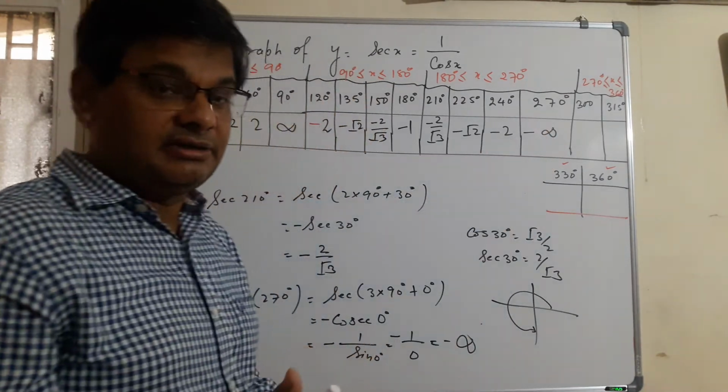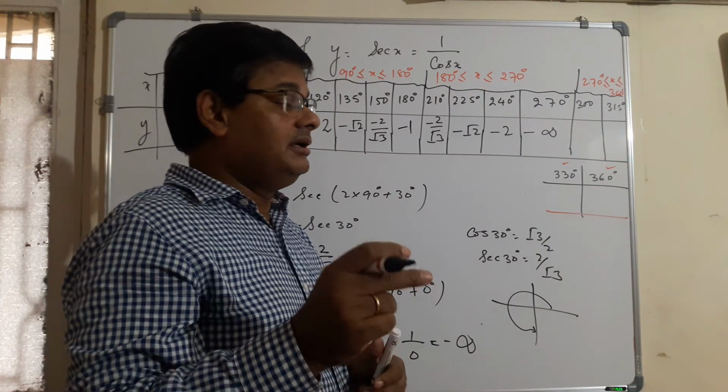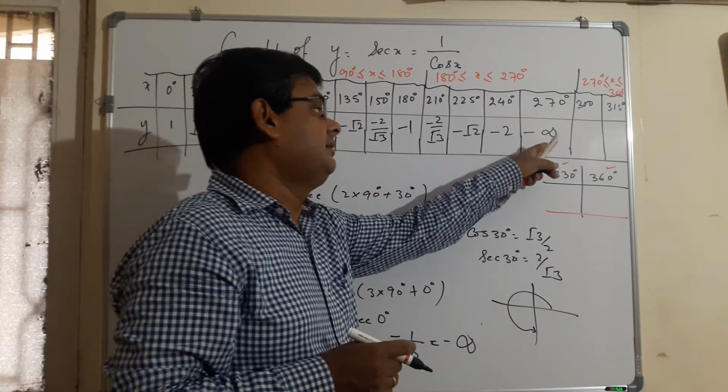You can check in a calculator also. When you put 269.99, the value becomes very large with a negative sign.